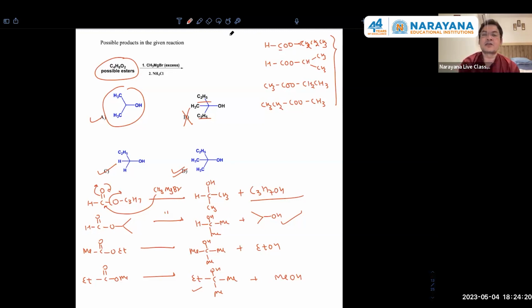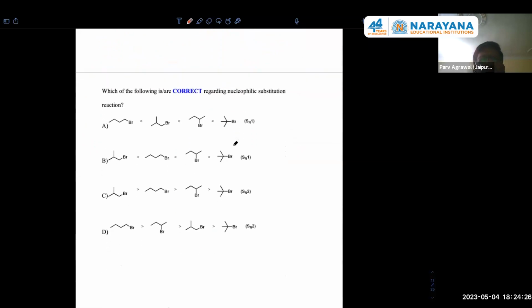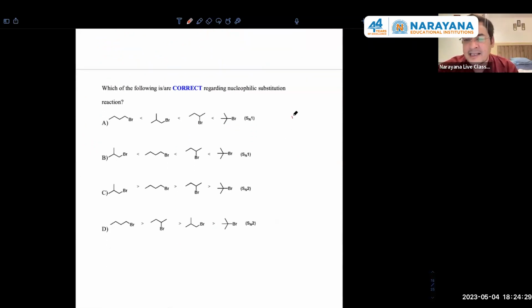You got this question, bachcho? Yes, sir. Okay, now you see, this question is in NCERT. Yes, this is NCERT, but don't take the question so easy. The question is given in NCERT, and you must know the reason. The question is okay, but you must know why you are giving this answer.